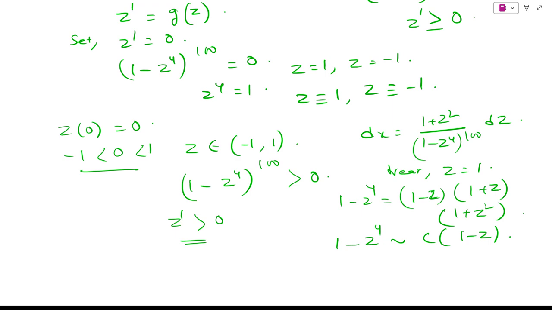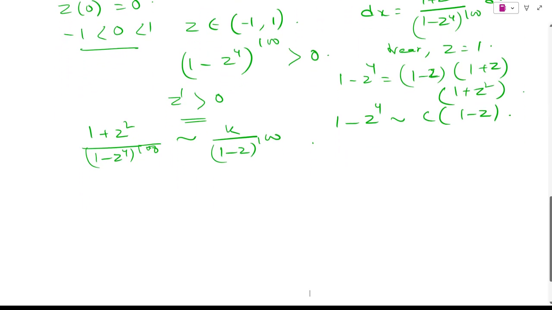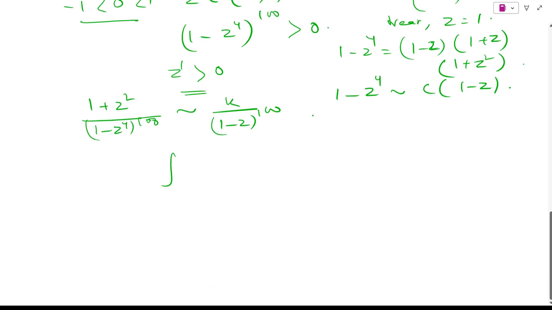Now therefore, now check the time needed to reach 1. This integral diverges, hence reaching z equal to 1 requires infinite time, and therefore the solution never actually reaches 1 at any finite x.